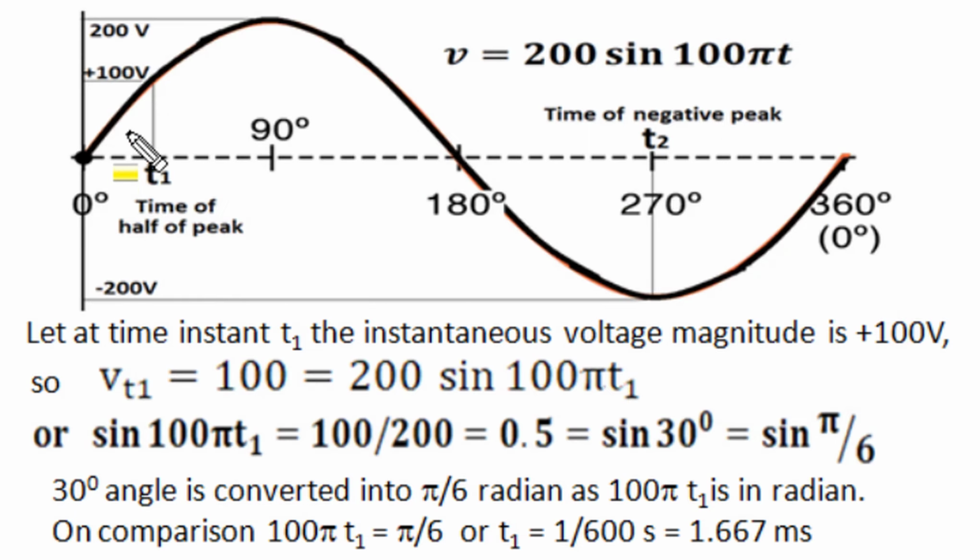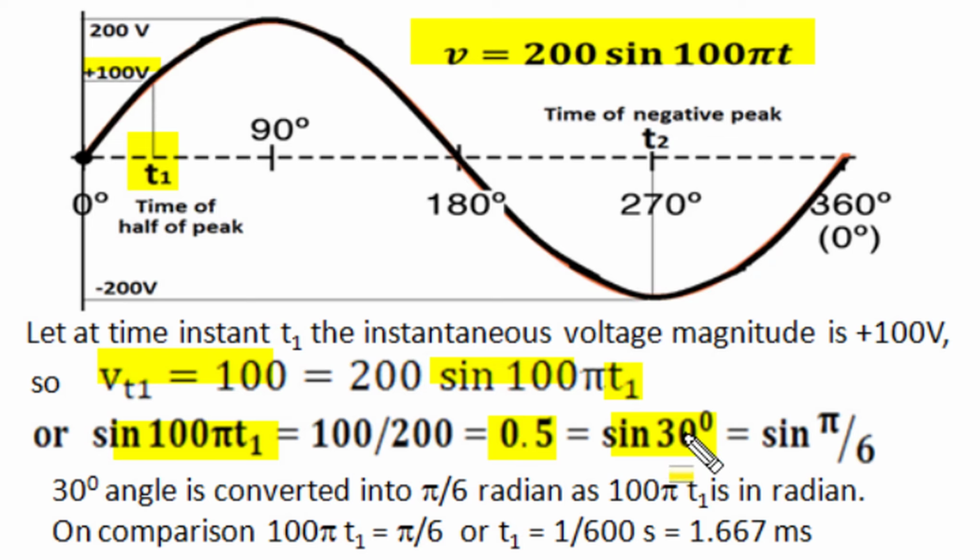Let at time t equal to t1, this standard sinusoidal signal given by this trigonometric expression have the instantaneous value plus 100 volt the first time. So in place of instantaneous magnitude we can write plus 100, and the corresponding time is t1. So sin 100 pi t1 is 100 by 200 or 0.5, and 0.5 is the value of sin 30.